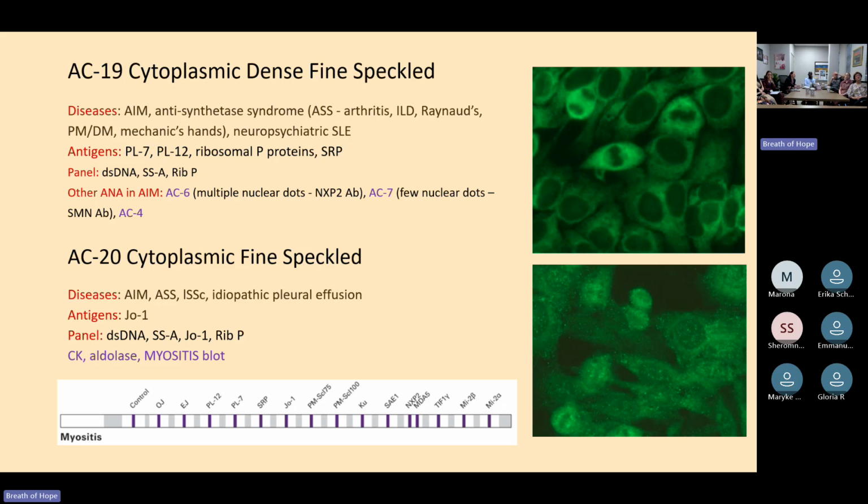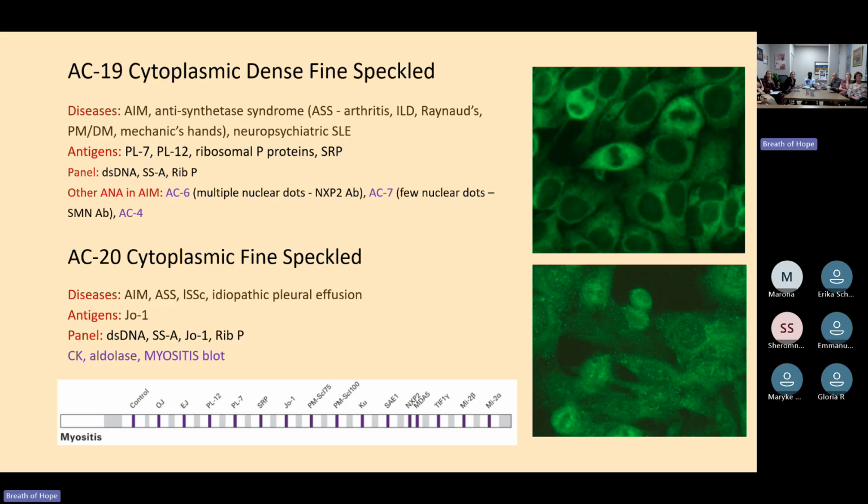So that's one, obviously one kind of autoimmune inflammatory myopathy. And then the other one, you'll find more with, they're all part of autoimmune inflammatory myopathy or antisynthetase syndrome, like PL7 and PL12. The other thing it could be is ribosomal P. Remember, we said ribosomal P is the one that indicates neuropsychiatric SLE.